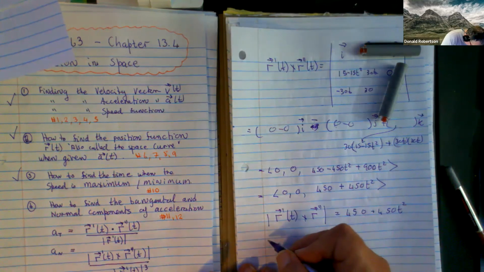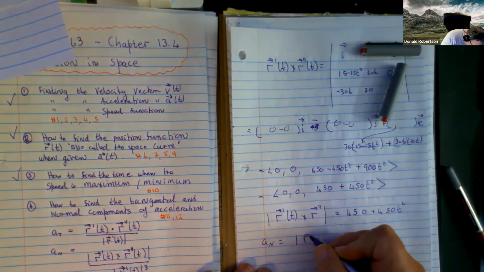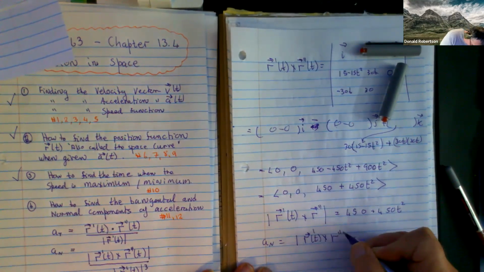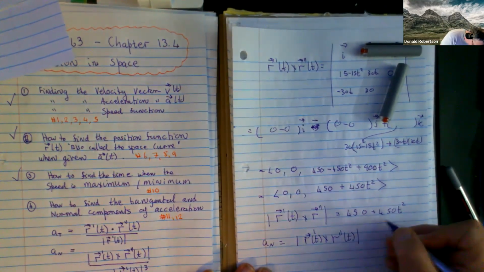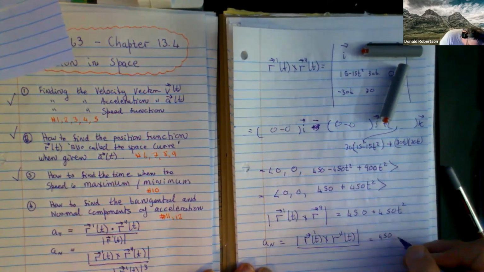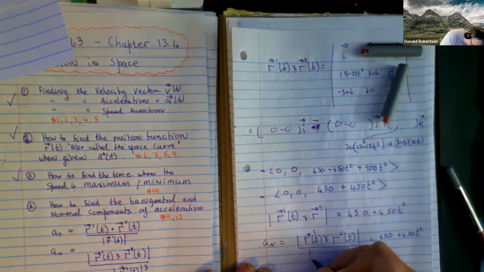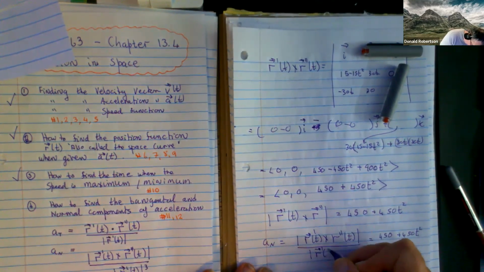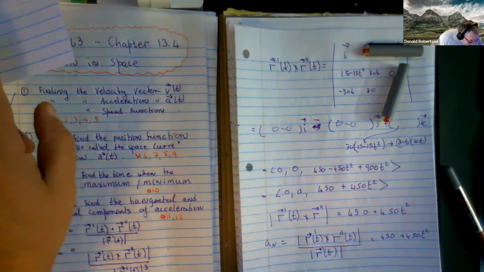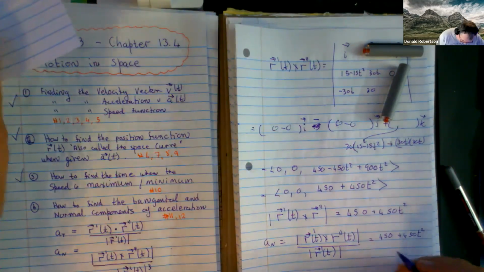Now you put the whole package together, and the magnitude of the cross product of the first and second derivative, which you've just found, is 450 plus 450t squared, divided by the magnitude of the r dashed vector, which we got earlier, 15t squared plus 15.